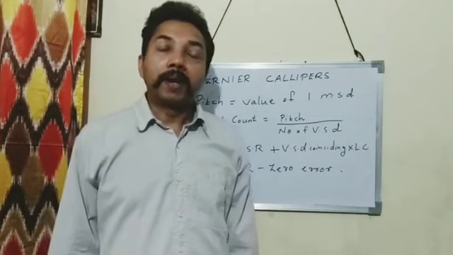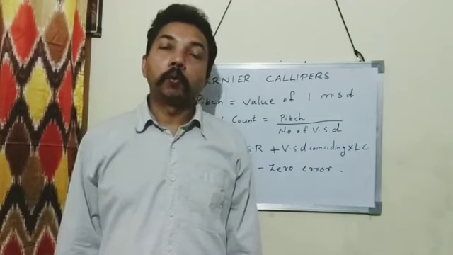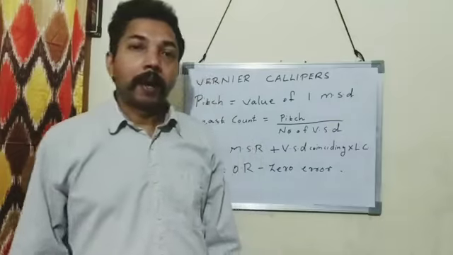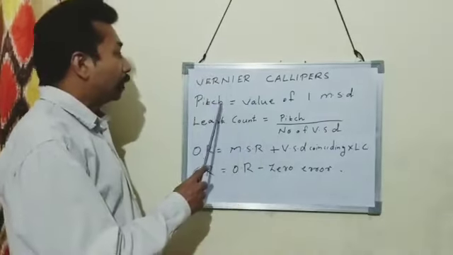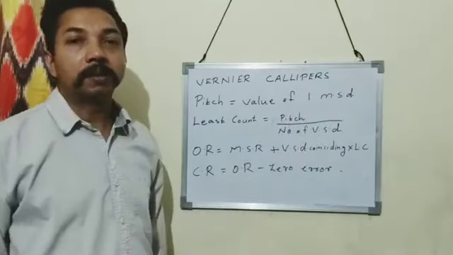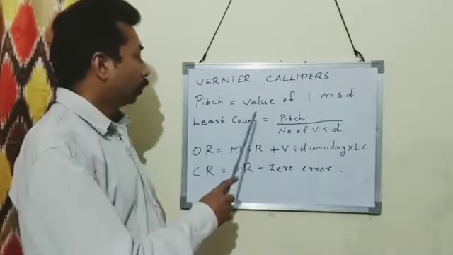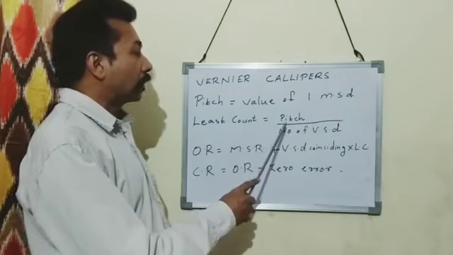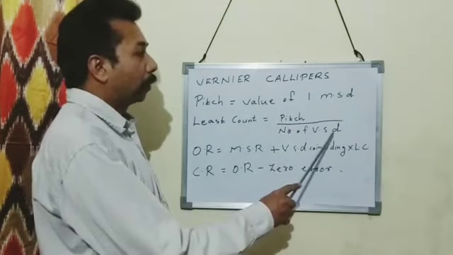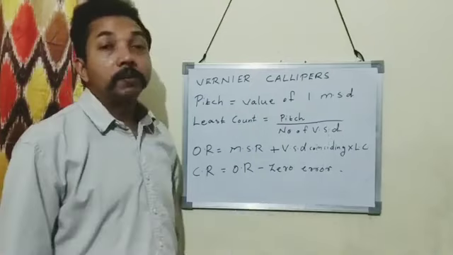The main formulas used for solving the numericals of vernier caliper are: pitch is equal to value of one main scale division. Least count is equal to pitch upon number of vernier scale divisions.